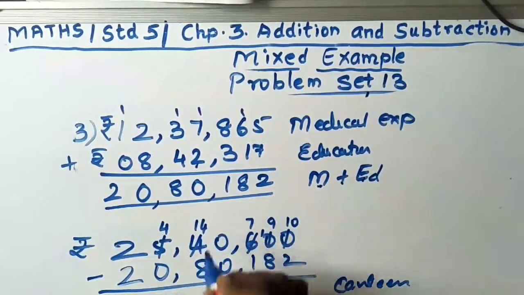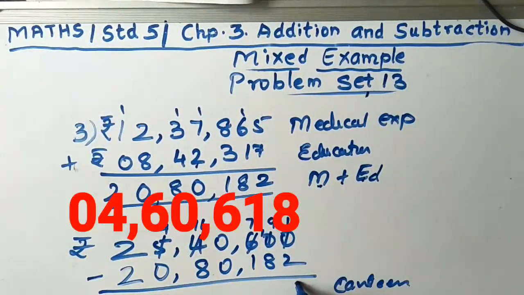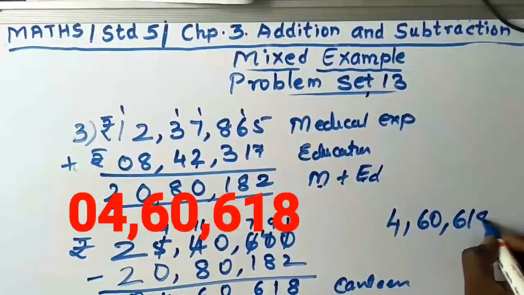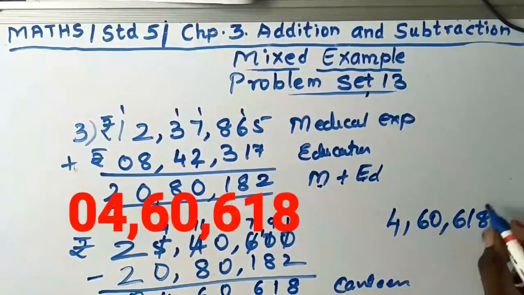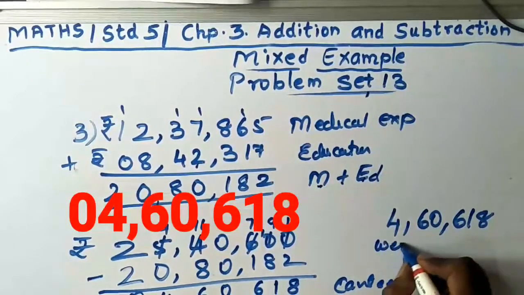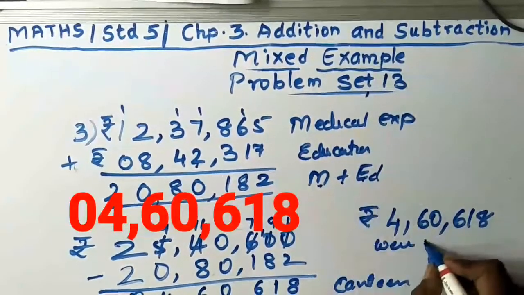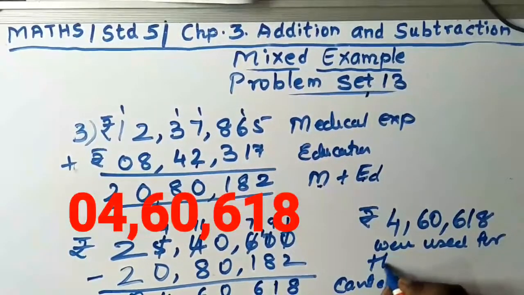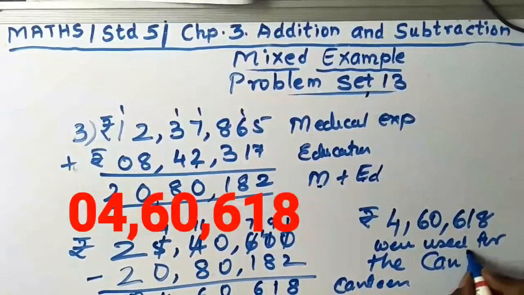This will become 14. 10 minus 2, 8. 9 minus 8, 1. 7 minus 1, 6. 0, 6, 4, 0. So this is the total amount, 4,60,618. This amount of rupees was used for the canteen.